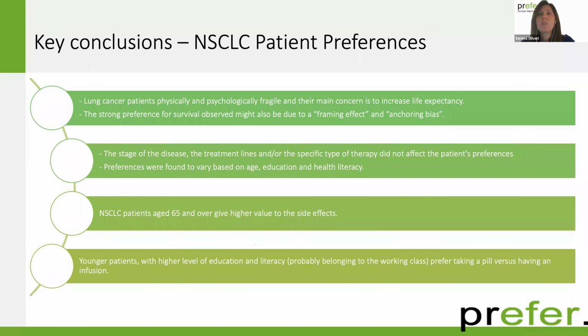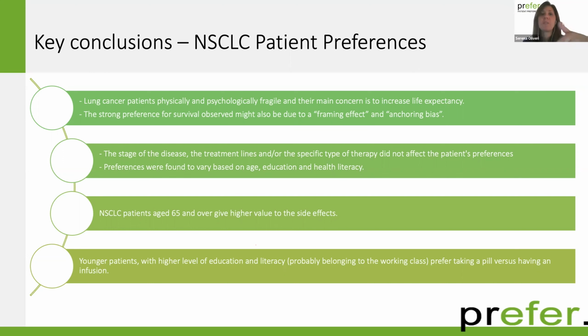We presented it using a positive framing, giving less importance to the severity of the side effects. This maybe created a sort of anchoring effect. So when they had to choose between different scenarios and therapies, patients anchored their attention to what was most important to them, survival.